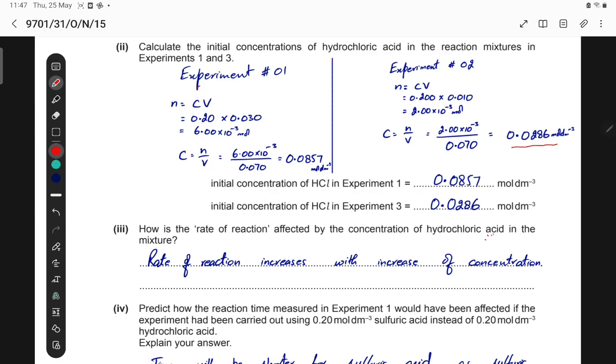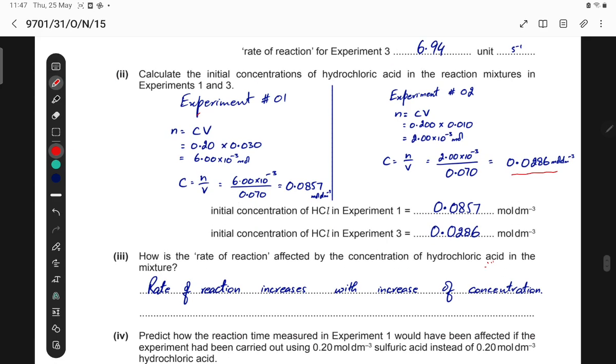Now in this, first of all calculate the moles and afterwards the concentration. So this is the moles and volume. You know that the total volume of the solution in both experiments is 70 cm cube. So that is 40 plus 30, equal to 70 cm cube. So the concentration will be 0.0857 in the case of experiment 1 and 0.0286 in experiment 3.